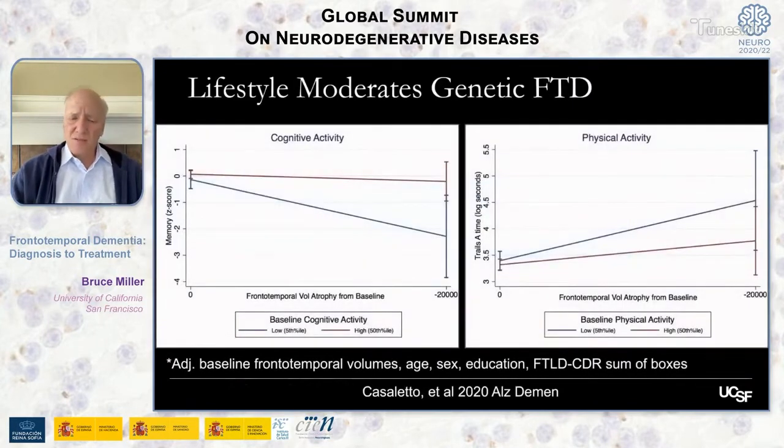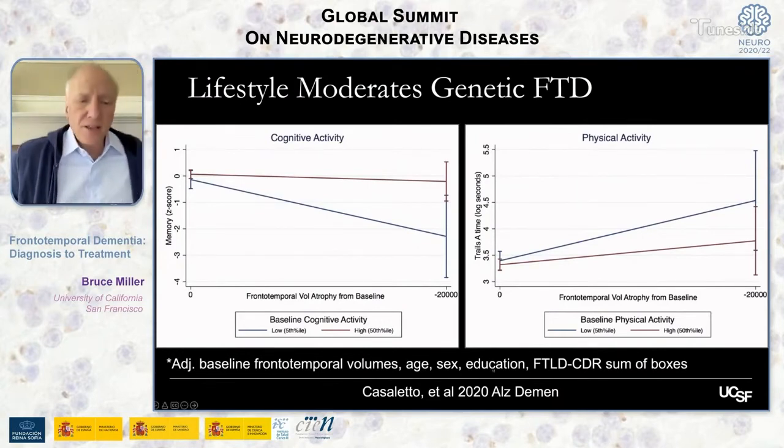The first is lifestyle seems to moderate the effect of FTD, even in genetic forms. So this was a nice study done by Caitlin Casaletto that showed that if you are cognitively active and carry a gene, you are much less likely to progress than people who are in the lowest 5th percentile in cognitive activity.